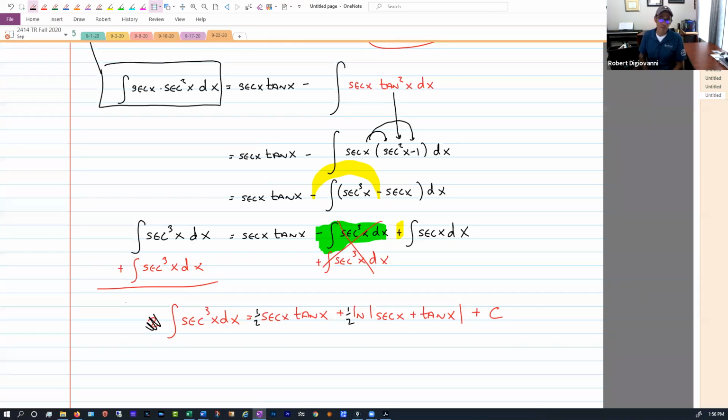Now this is the last question. This is the last example out of this first half of this section. So it's obviously a little bit complicated.